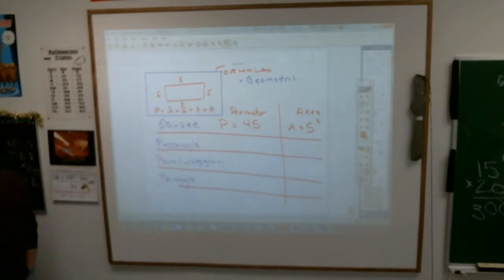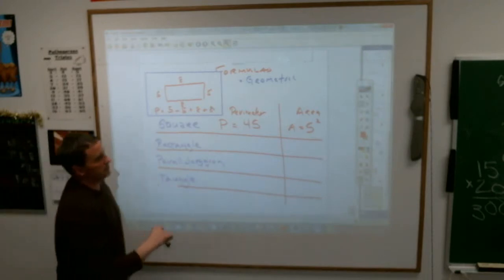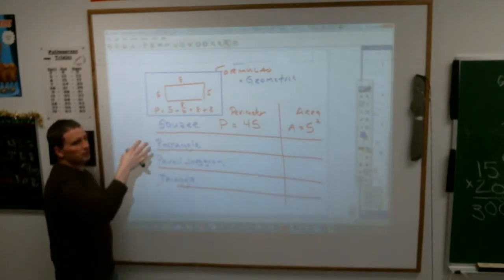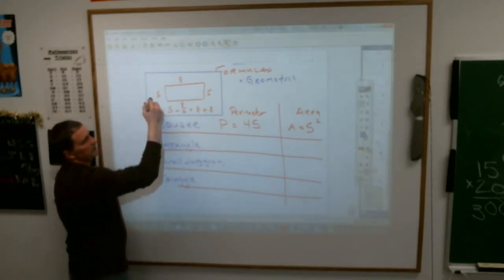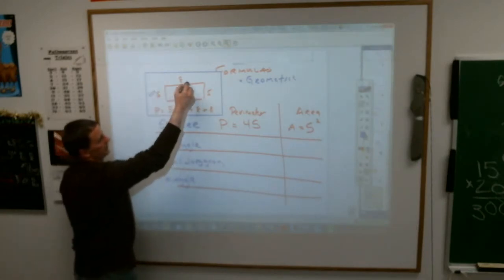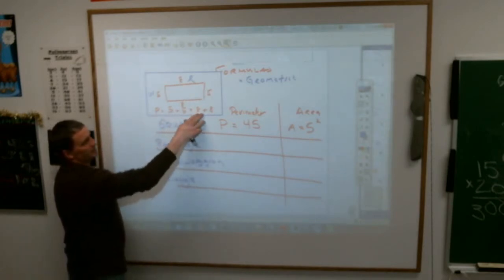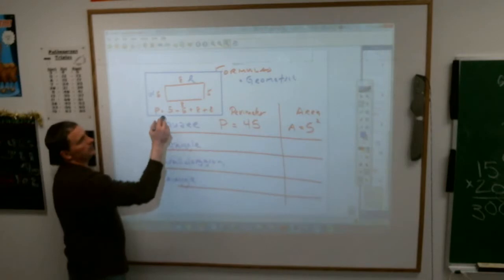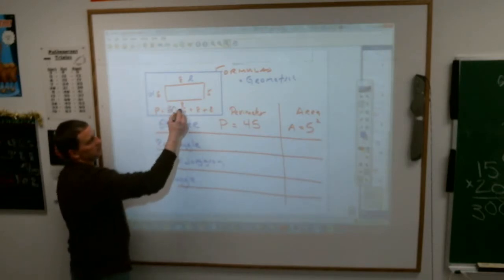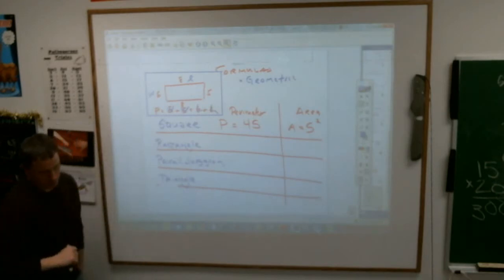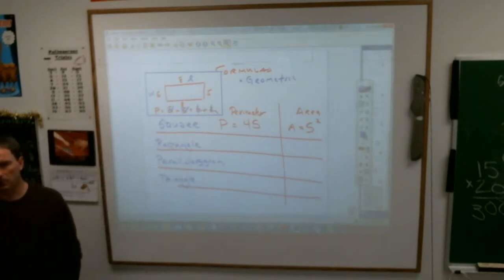Well, what if I take away the numbers and put letters in it? And when we talk about rectangles, what do we call this? We don't call them sides anymore. We usually call it the width and the length. So instead of having 5 plus 5 plus 8 plus 8, I have W plus W plus L plus L. But that's still not as easy as it goes.